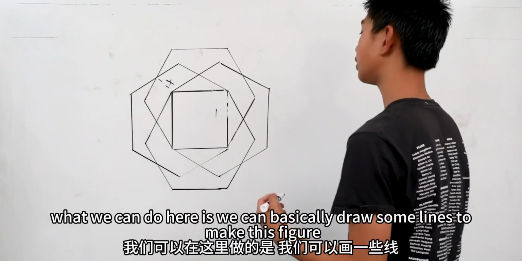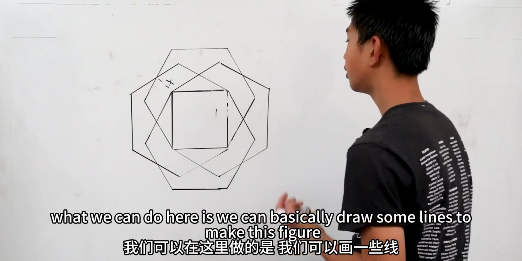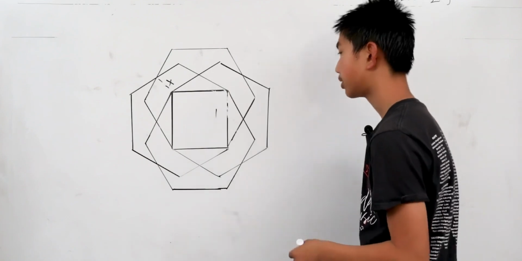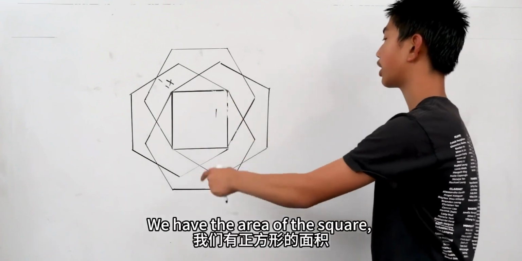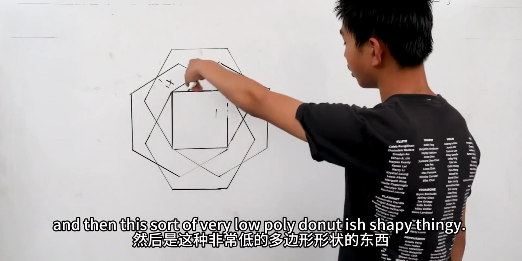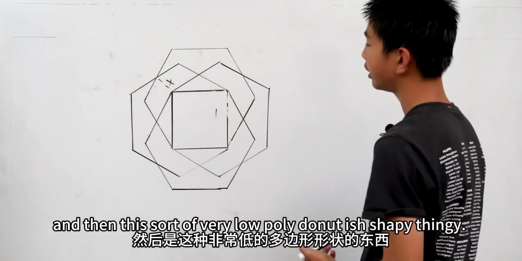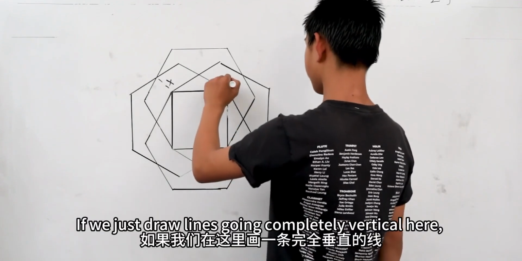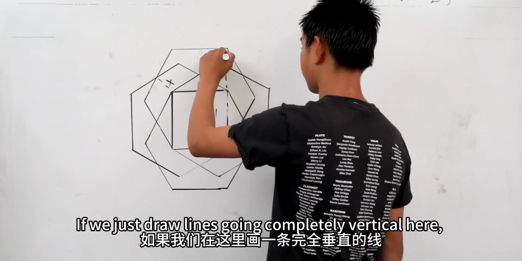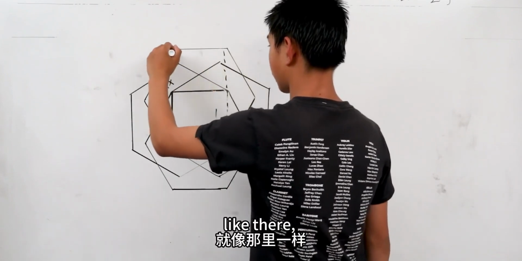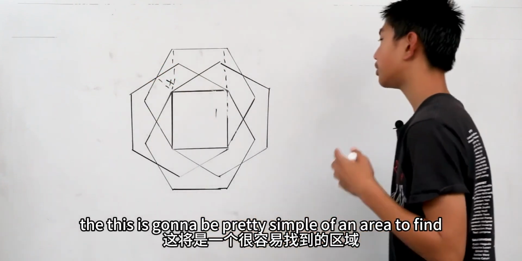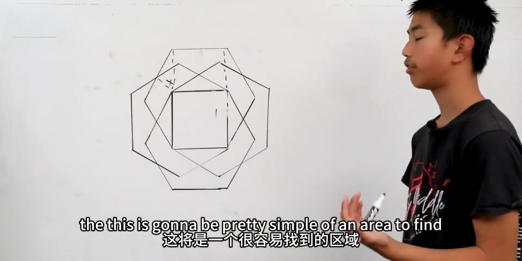Now, we can draw some lines to make this figure easier to compute. So we have the area of the square, and then this very low poly donut-ish shape. If we just draw lines going completely vertical here, like there, this is going to be a pretty simple area to find.